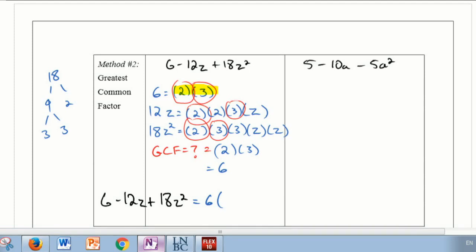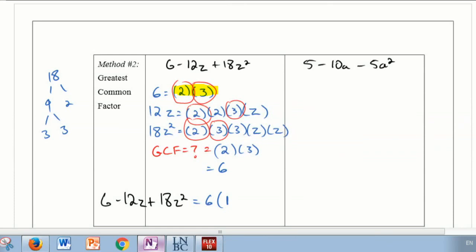If I had a 6 and I divided a 6 out, I'd be left with just 1. That's where this gets a little bit tricky, I guess. If there's nothing there, we don't represent it as 0, we represent it as 1. And the reason we use 1 is because that needs to be a placeholder for that first term. When we check here, you'll see what I mean in a second.